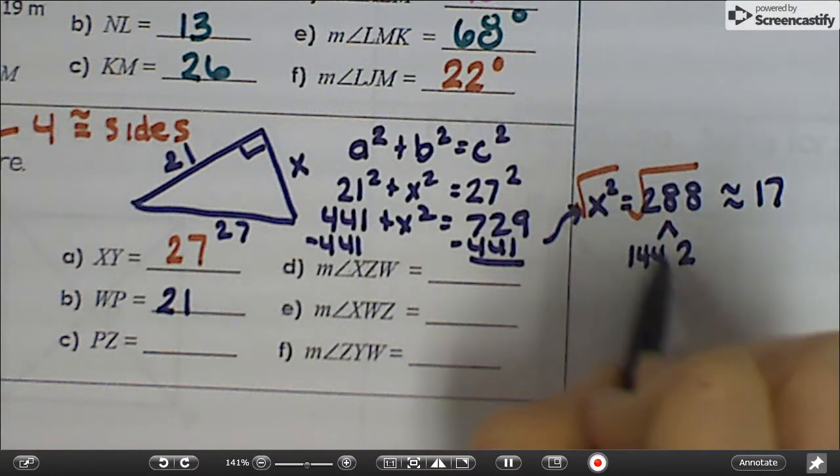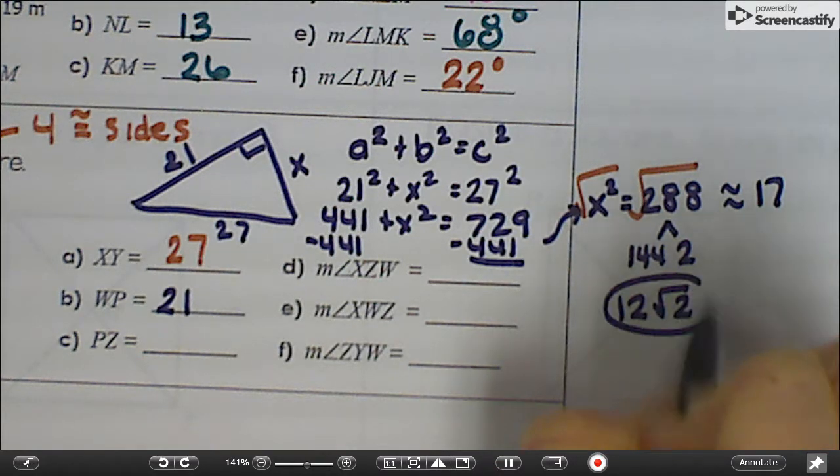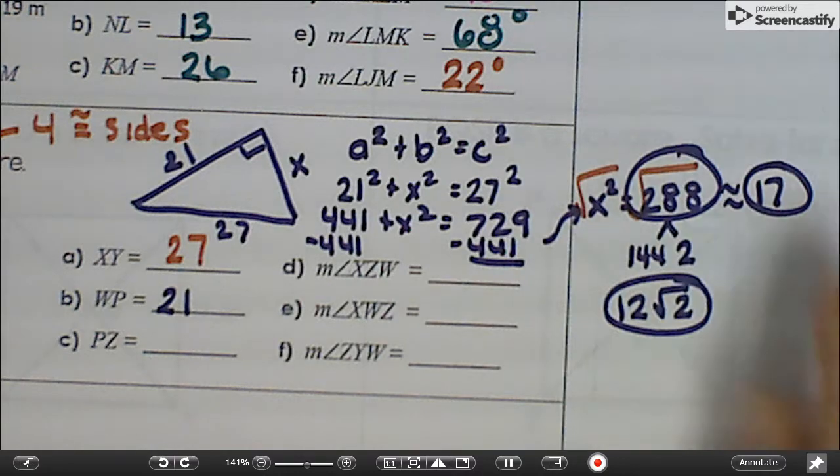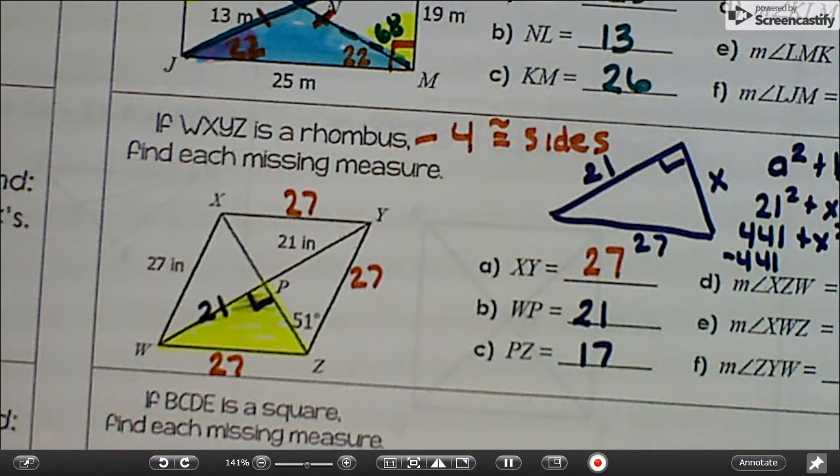I recognize 144 as the perfect square of 12. So 12 root 2. All 3 of these answers are okay. I'm going to go with 17 though. So PZ is 17. And I just slid that over way fast, so if you need to go back and pause it to write it down or have it sink in, go ahead. All right, and that is all of the sides.